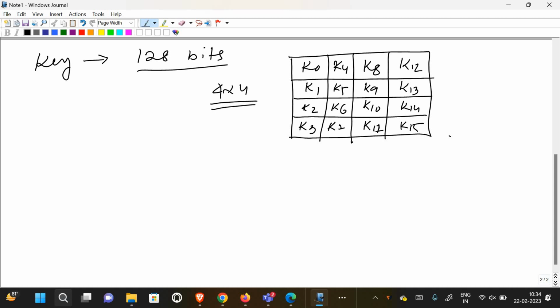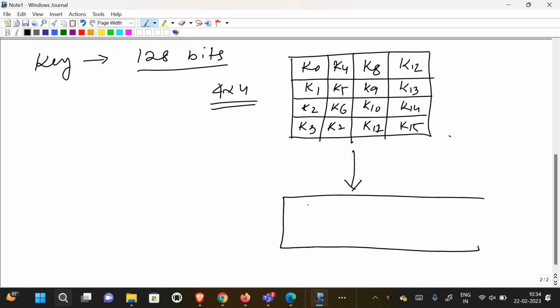Now what usually happens whenever we are looking at this key, if I tell you in a generic way how the expansion box works, this 4x4 matrix will be converted to something like this: 1, 2, 3, 4, like that it will go on.